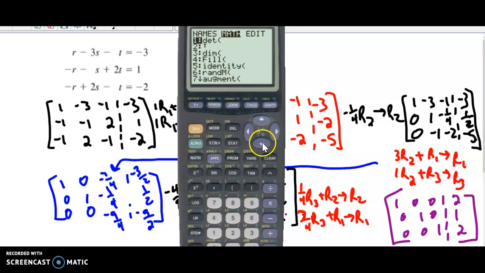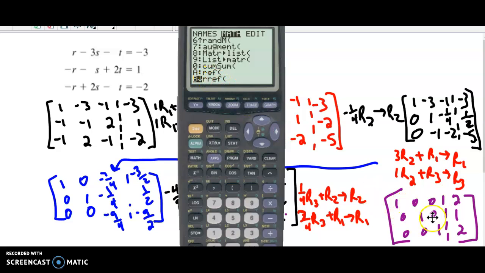What math we're going to do, guys, is what we've been doing, those row operations. The nickname for that is when you get it down to this form, that's called row reduced echelon form. That's what this RREF is for.